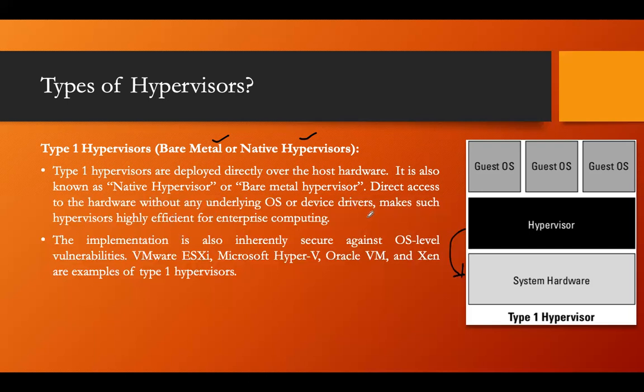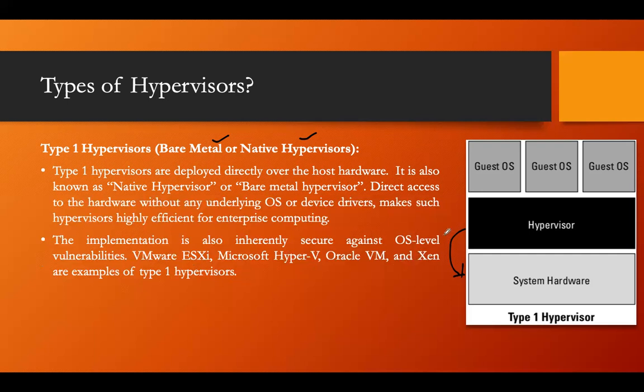It is very useful because it is highly efficient. The implementation is also inherently secure against operating system level vulnerability. VMware ESXi, Microsoft Hyper-V, Oracle VM, Xen are examples of type 1 hypervisor.